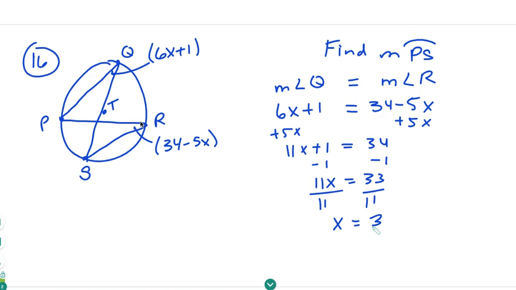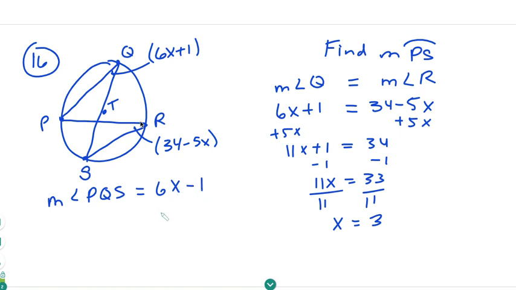Now we can go ahead and come down here, and we are going to determine the measure of the arc. So we need to find the angle first. So let's go ahead and find the measure of angle PQS, which is going to be 6x minus 1.